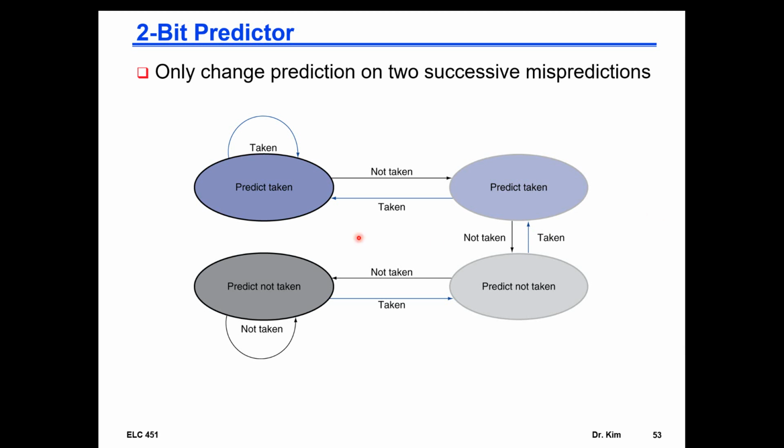So if we start predicting that the branch is taken, as long as our prediction is correct, we stay in that state. If the branch is not taken and we are wrong, we move to another state, but we still predict that the branch is taken. We don't change our prediction, but by switching states, we remember that we were wrong once.